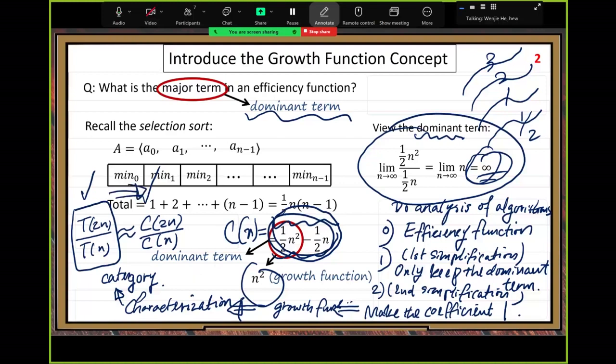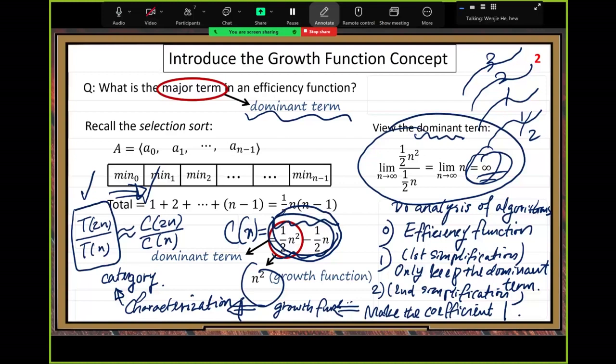T is not stable, so we work on the C function. When we work on the C function, we do simplification twice. The first time, we get a dominant term. The second time, we get a growth function. Simplification twice.